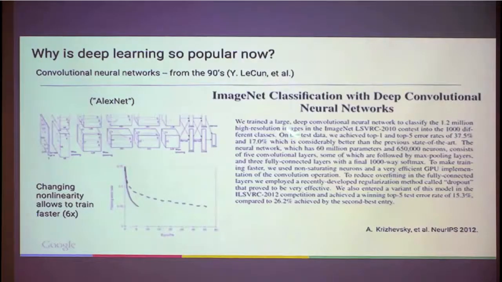Okay, so why is deep learning so popular now? It turns out that some of the basic primitives for deep neural networks have been around since the 90s. So for instance, one of the main types of networks that is very good for image classification, so let's say you have a training set consisting of images of cats and dogs, and you have these samples, and then you want to learn this functional relationship.